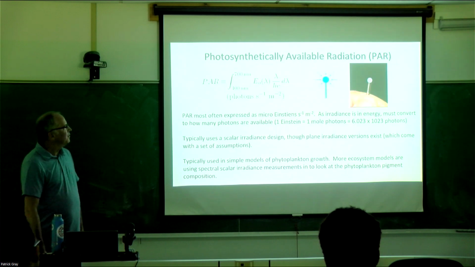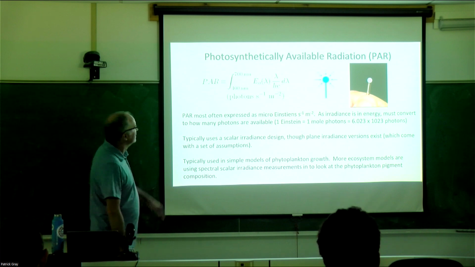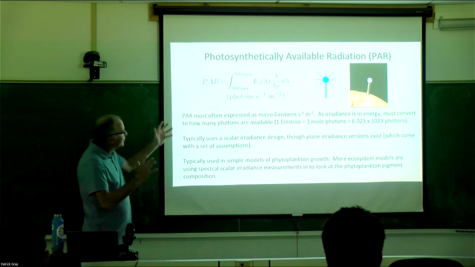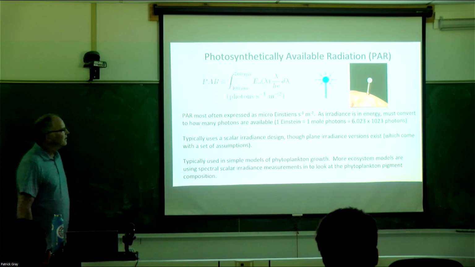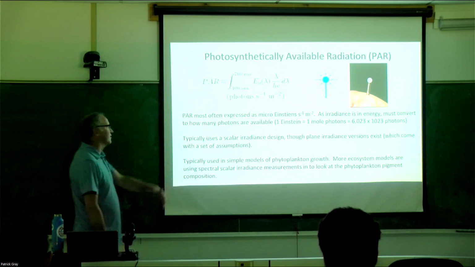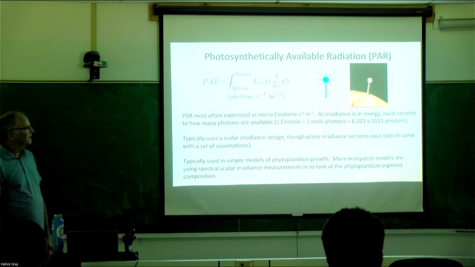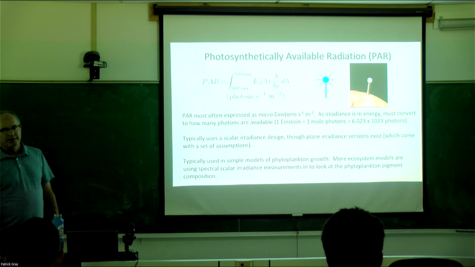All right, so PAR, photosynthetically available radiation, is basically the integral from about 400 to 700 nanometers of that scalar radiance times wavelength over hc times the change in wavelength.